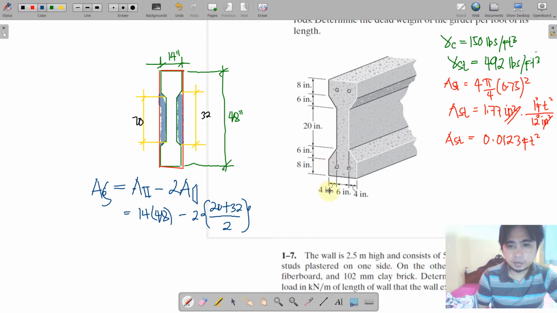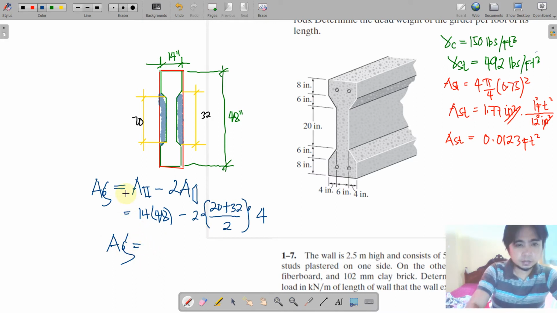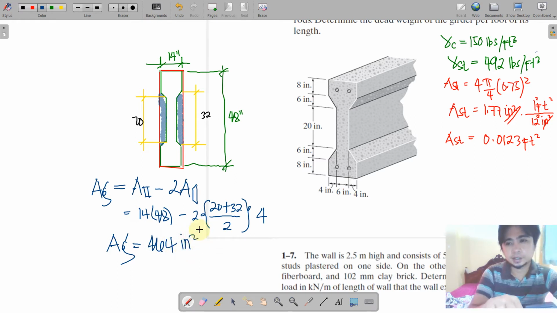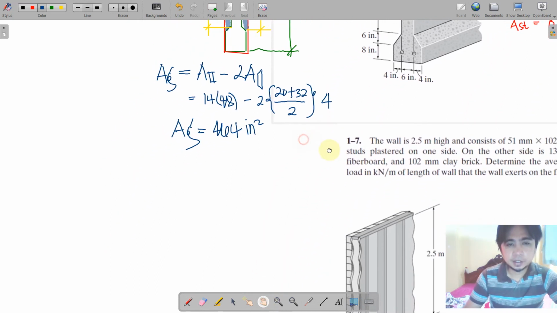We have 4 inches. So that we will obtain now the gross area for that concrete. We have here 464 square inches.